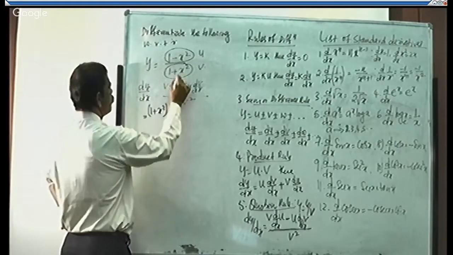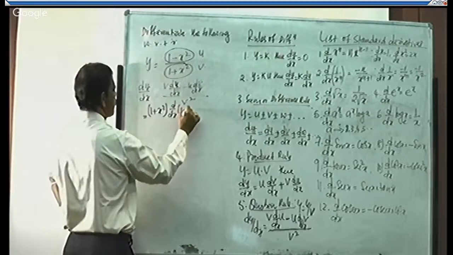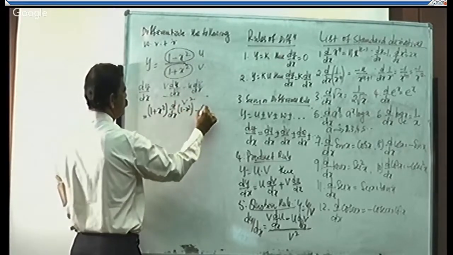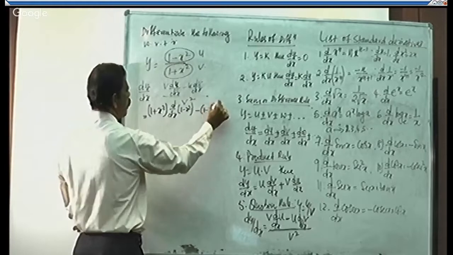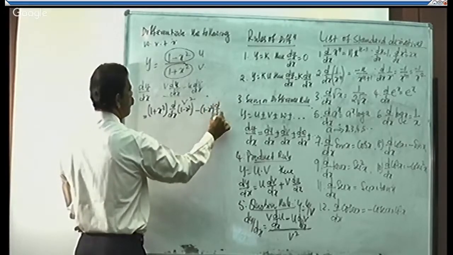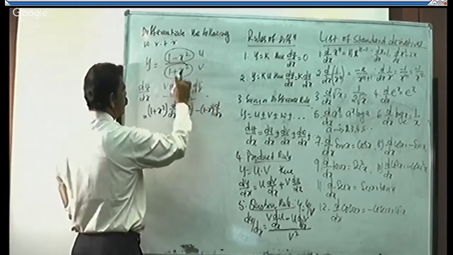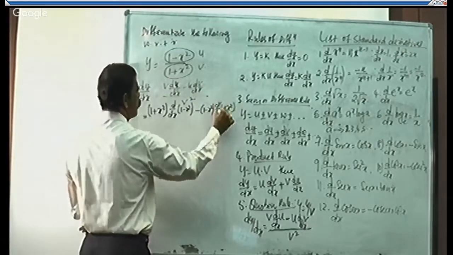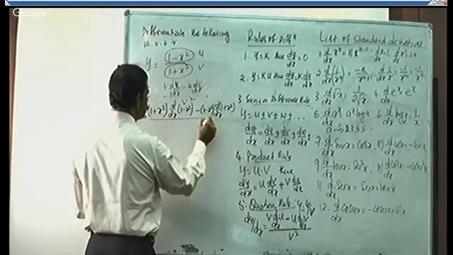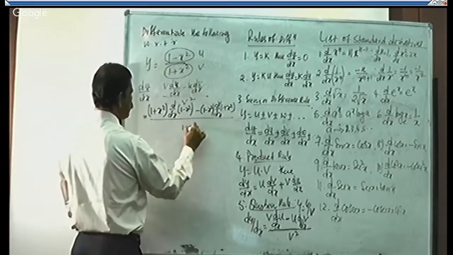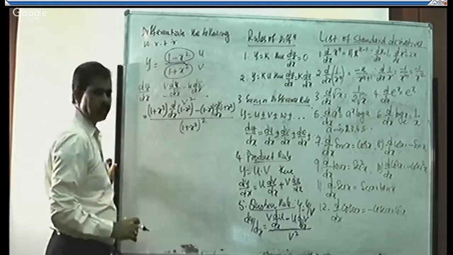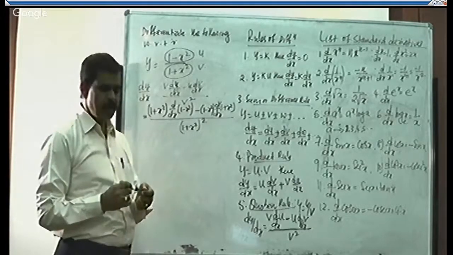What is u? 1 minus x square. Minus u, u is 1 minus x square, into d by dx of v. v is 1 plus x square. All divided by 1 plus x square whole square. Right? I've just written according to the rule.